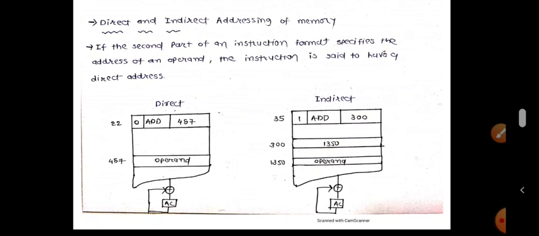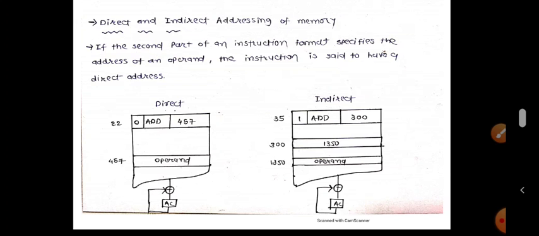In this figure, 0 add 457. 457 is the address, so its bits are 0 to 11. Add is the opcode, so those bits are 12 to 14. And 0 is the MSB. MSB means most significant bit, the largest bit. It stands for 0 meaning direct.